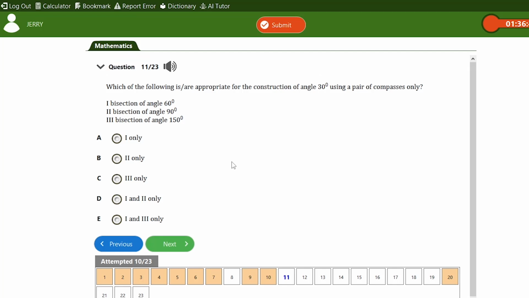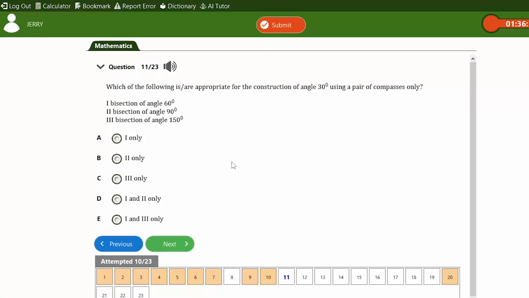And let's look at this one. Which of the following is or are appropriate for the construction of angle 30 using a pair of compasses only? They are saying which of the following is or are proper for the construction of angle 30. What it means is, how is angle 30 bisected?